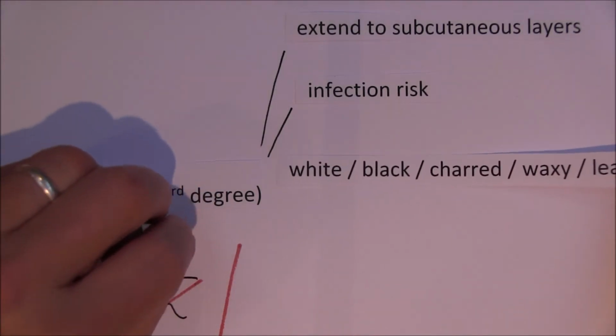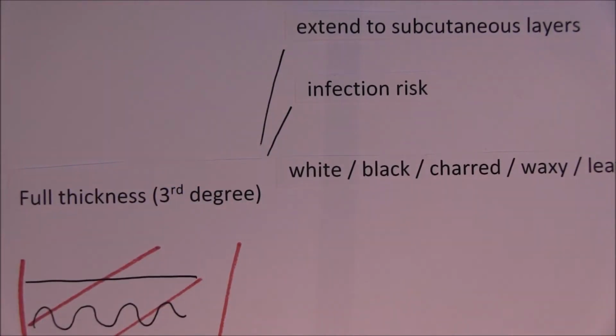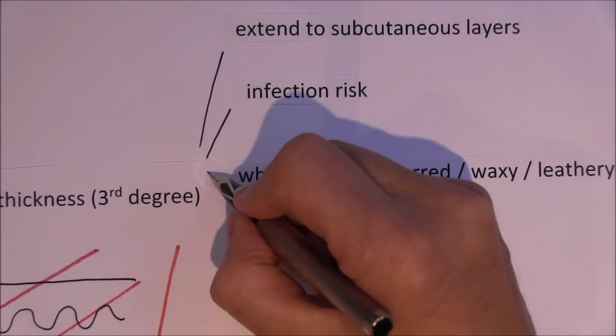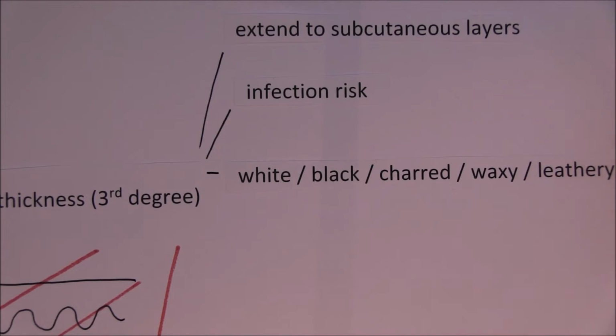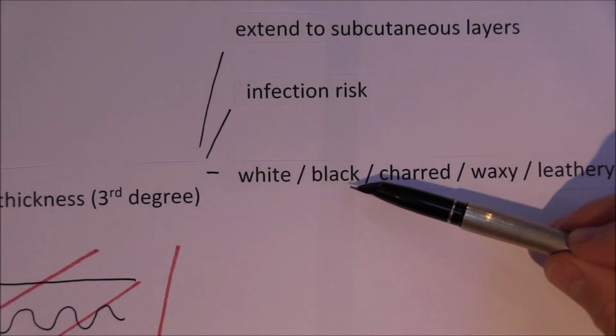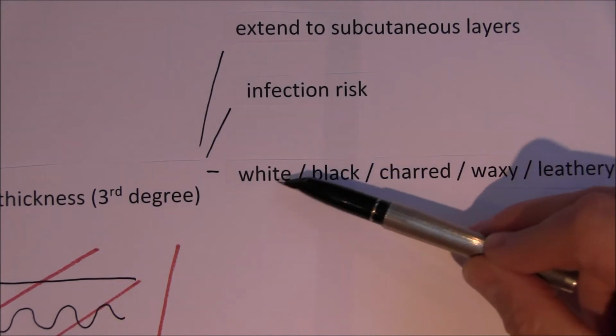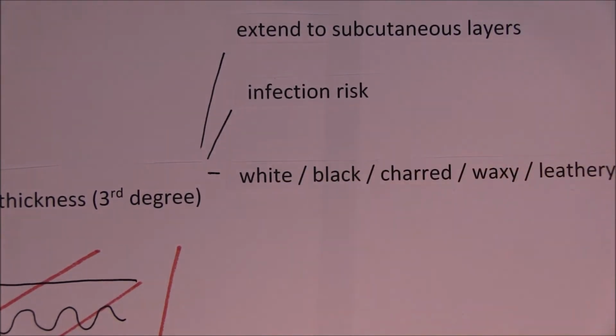And the appearance of these can be variable. Very often they can look white, especially initially, depending on what caused them. Other times they're charred. If it's pure heat, there's nothing to blacken it really. Very often they just look like a dead, waxy sheet of tissue.